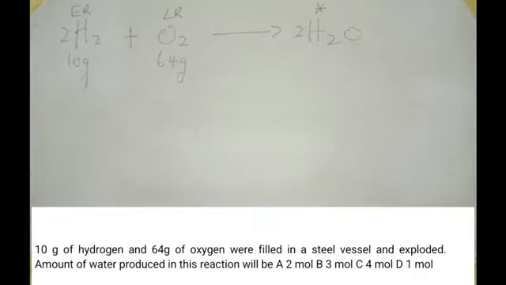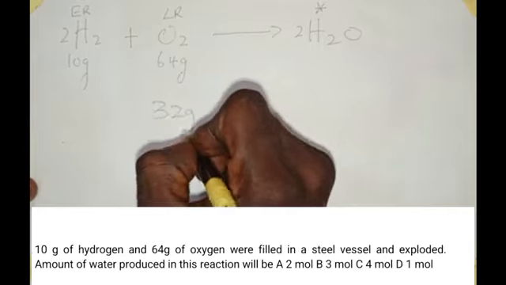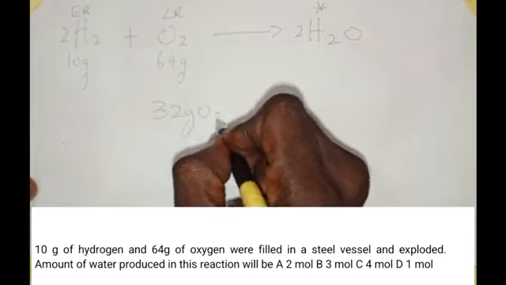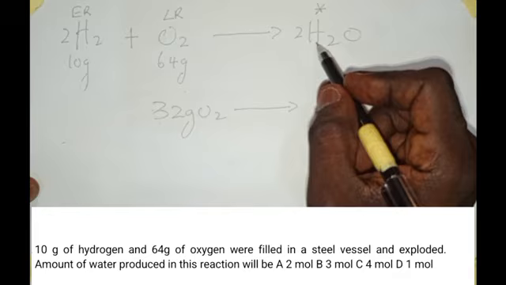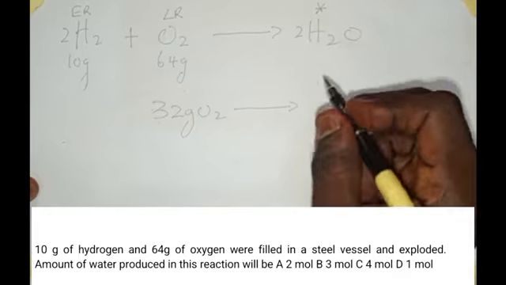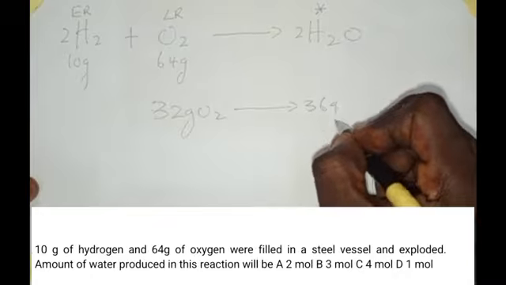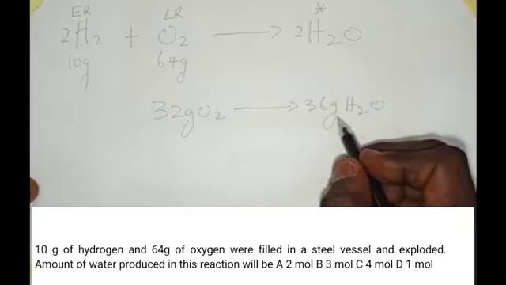So from the balanced equation, we have that 32 grams of oxygen will always produce, water is 18, that is 1 times 2 is 2 plus 16, 18, then 2 times 18 is 36 grams of water. So 32 grams of oxygen will produce 36 grams of water.